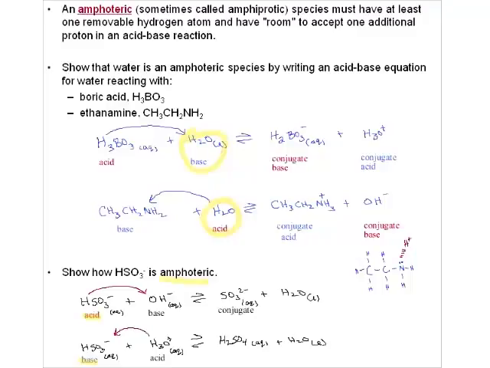So this guy is going to be the conjugate base, which makes water the conjugate acid.